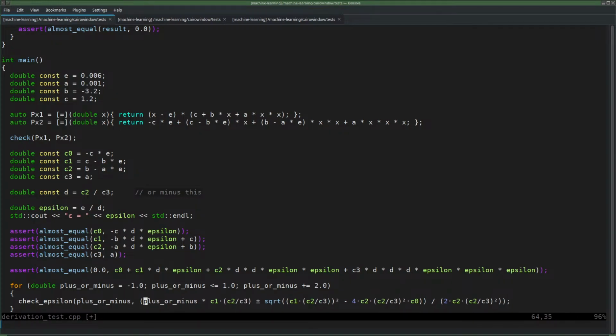Well, this should be minus that, yeah? So I'll just choose 2.0 minus that here. This, however, is another plus or minus. Both should work.